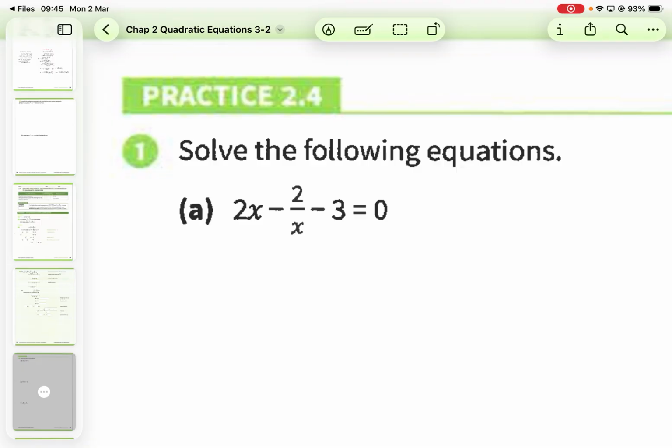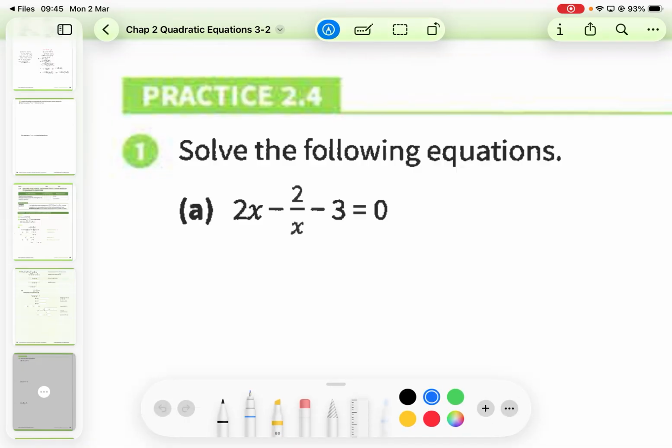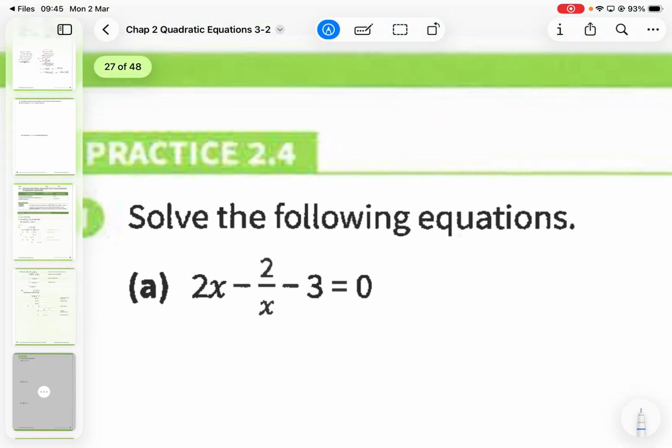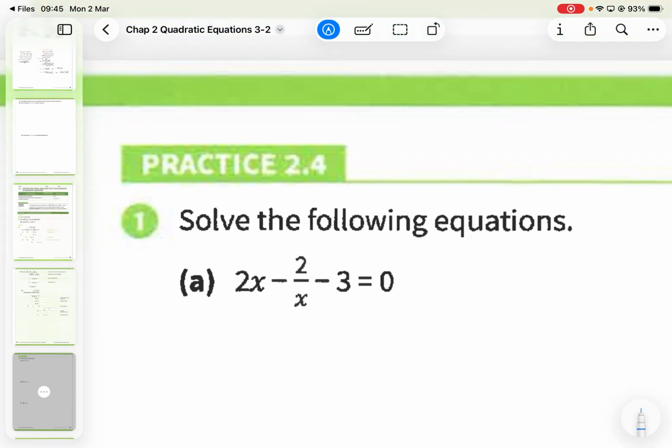If I don't care about this equation, I just ask you: if I have 2 over 5, what is something that I can do to this fraction to remove the 5 from the denominator?